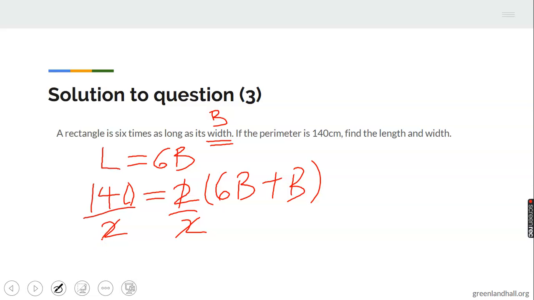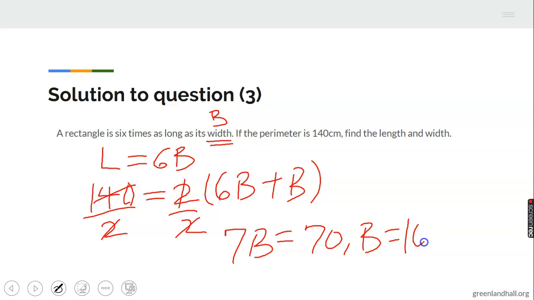That means 6B plus B will be 7B equals, this divided by 2, that is 70, which gives us B to be 10 centimeters. So when B is 10 centimeters, what is L? Since L equals 6B, that will be 6 multiplied by 10 centimeters, that will be 60 centimeters.